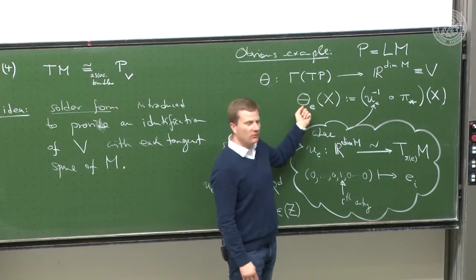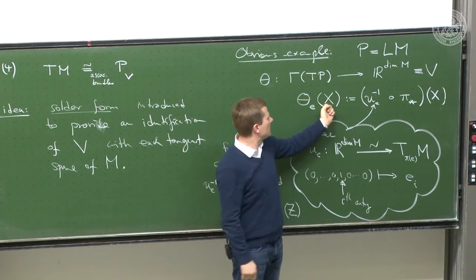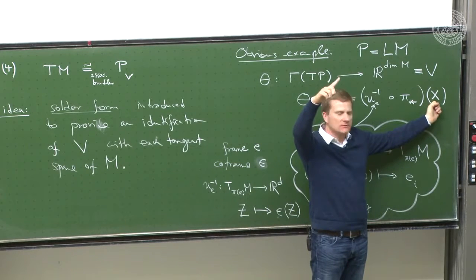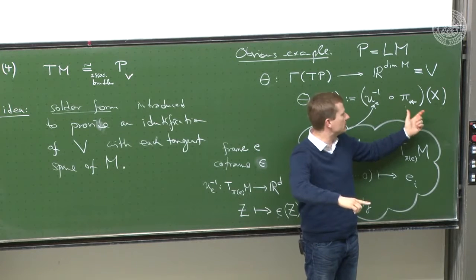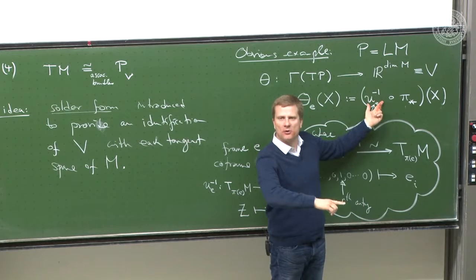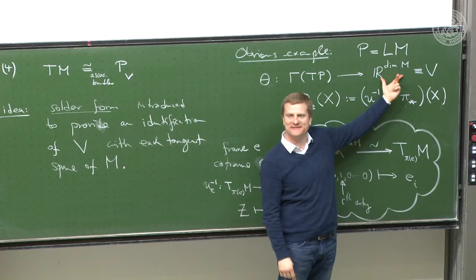The solder form of a tangent vector to the total space: you take the tangent vector to the total space and you push it down to the base manifold. So it's a tangent vector of the base manifold. And then you take its components. Of course, this is the collection of components.